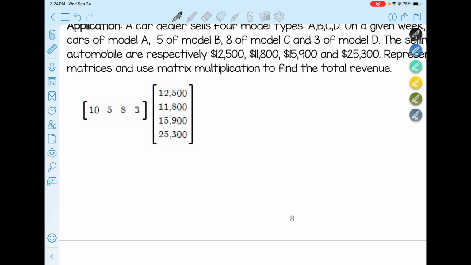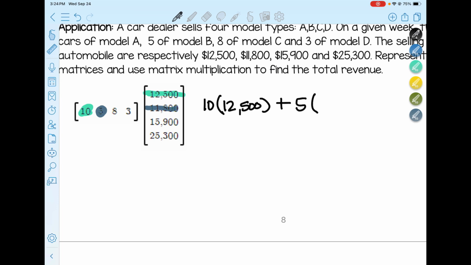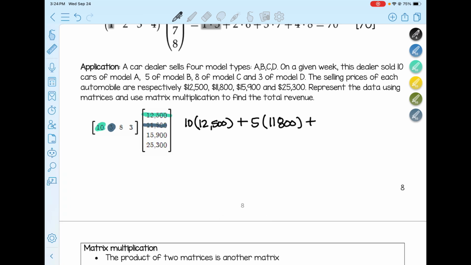So what I'm going to do is go first element in the column times the first element in the row, meaning I have 10 times 12,500 plus, now to follow that same pattern, I've got second and second, so that's 5 times 11,800 plus, now I go third and third, it's 8 times 15,900 plus, and then 3 times this last one, so 3 times 25,300.